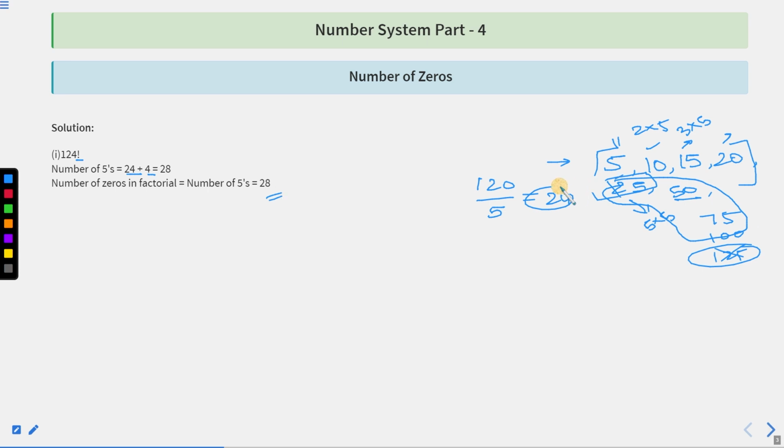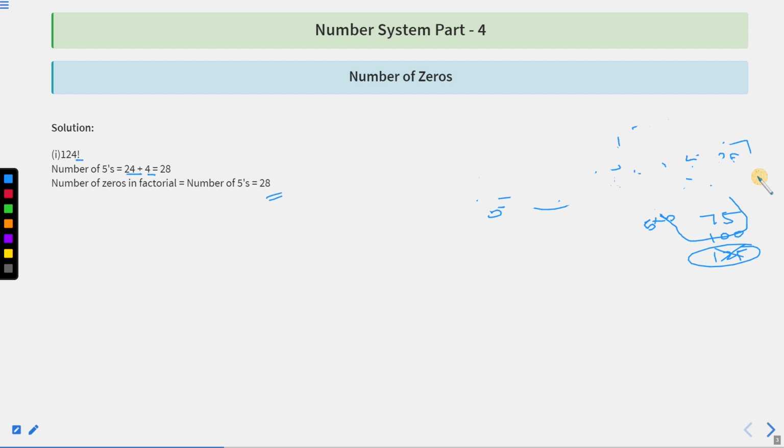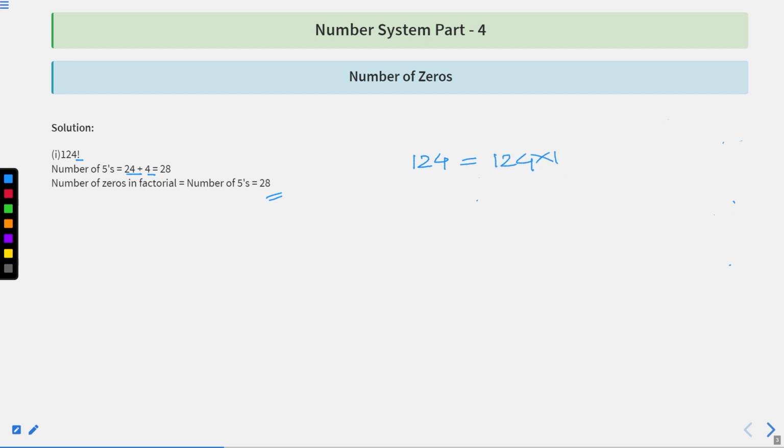Let me quickly try to explain it once again with a simpler method. You know that 124 factorial is equal to 124 into 123 into 122, and so on, going till 2 into 1. This is the expansion of 124 factorial. Now you need to know how many combinations of 2's and 5's are here.